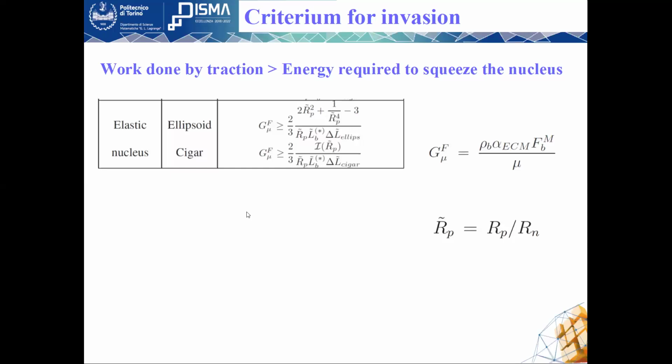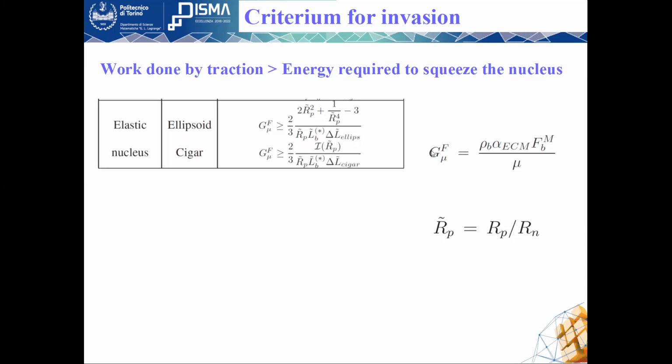I don't want to enter into details, but at the end of the story, what we find is that the important thing for penetrating into the channel is that this combination of parameters that I call G has to be large enough.